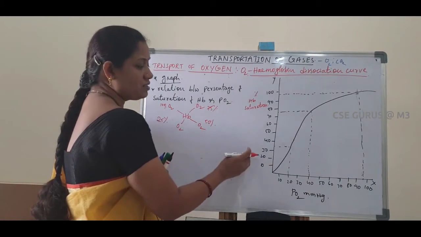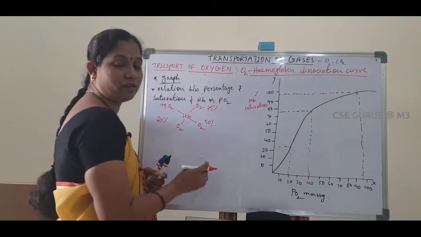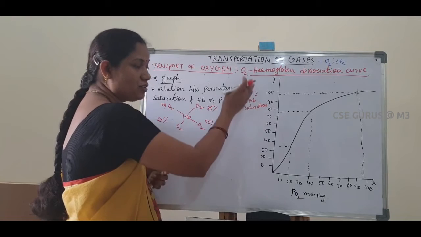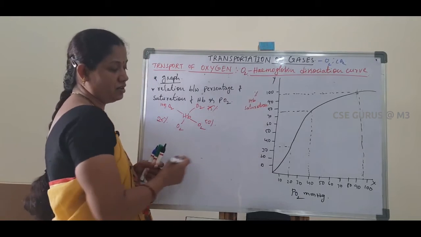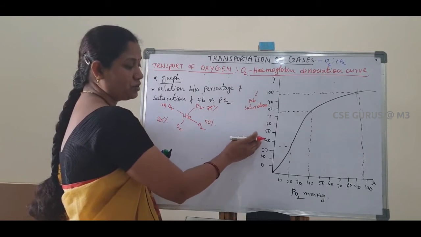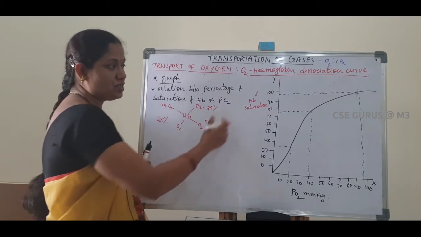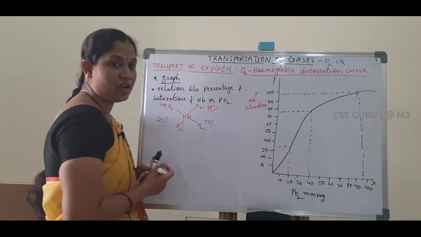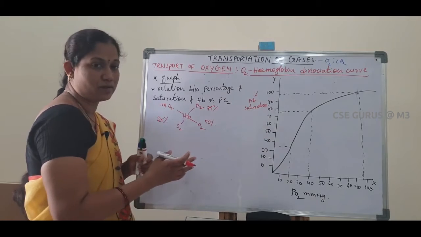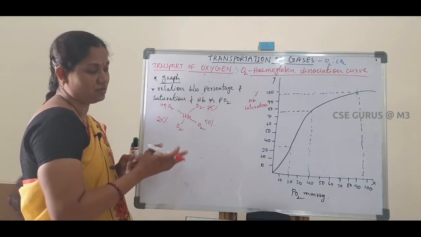Next, on the y-axis we have taken the percentage of hemoglobin saturation: 10%, 20%, 30%, 40, 50, 60, 70, 80, 90, 100%. These explain the saturation capacity.